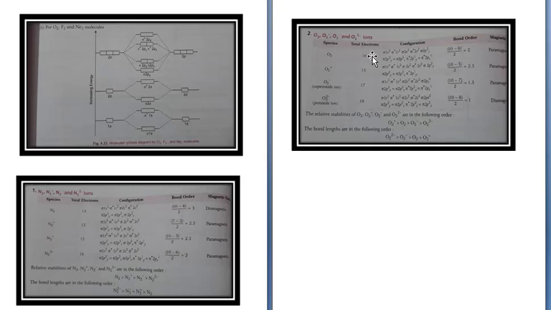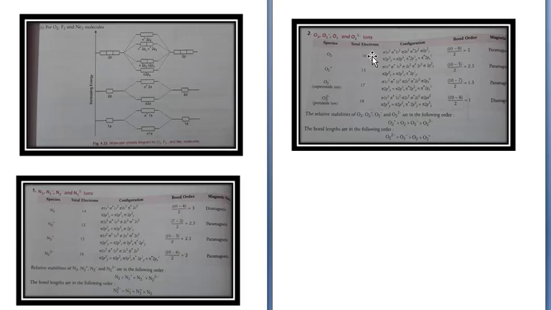So the total number of electrons in bonding is 10, and in anti-bonding it is 6. So 10 minus 6, that is 4 upon 2, bond order comes to be 2. And because the electrons in anti-bonding pi 2py1 and pi 2pz1 are single, they are unpaired, so the magnetic nature will be paramagnetic.